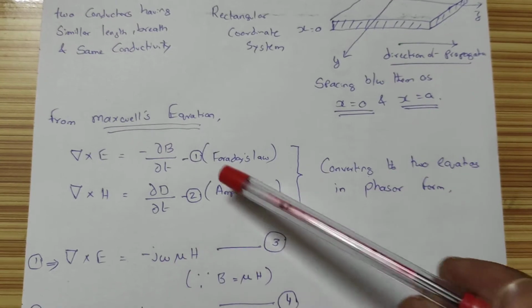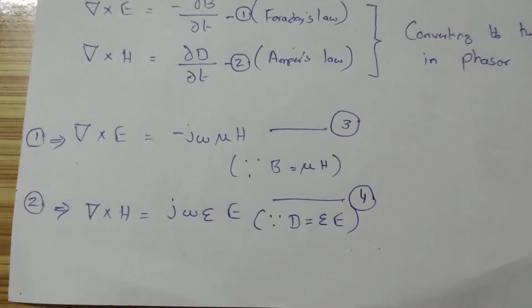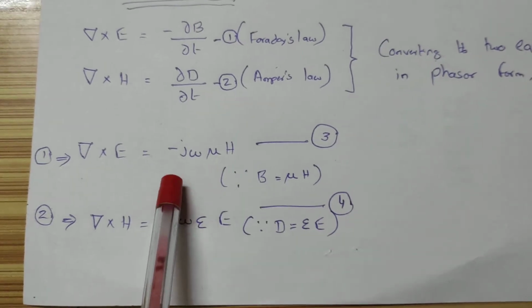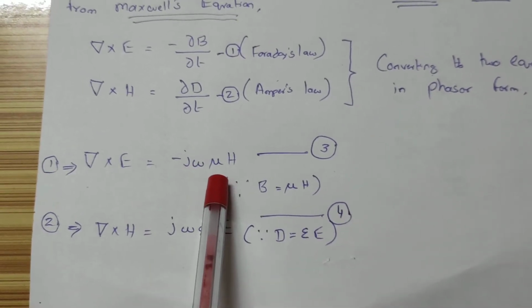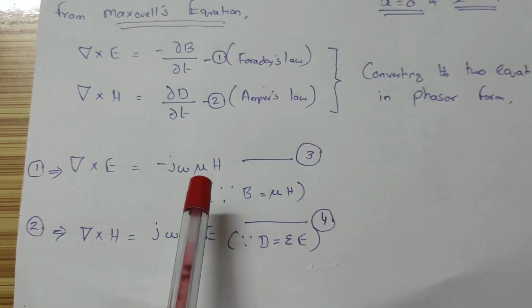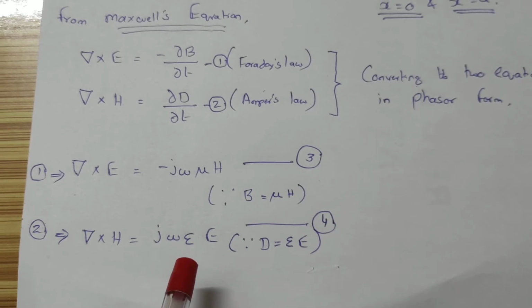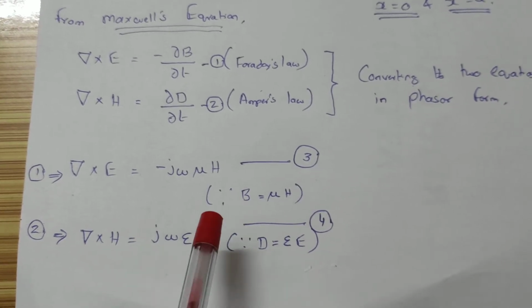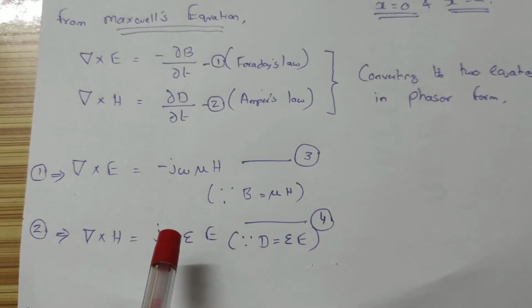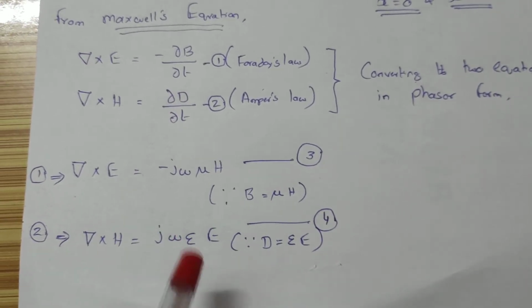Now we need to convert the above two equations into phasor form. If I convert the above two equations, then the equations will be in this form, that is del cross E is equal to minus j mu omega H, where omega is the angular frequency and mu is the permeability, and del cross H is equal to j omega epsilon into E, since we know that B is equal to mu H and D is equal to epsilon E. So we need to convert dou by dou T in terms of j omega in both cases.